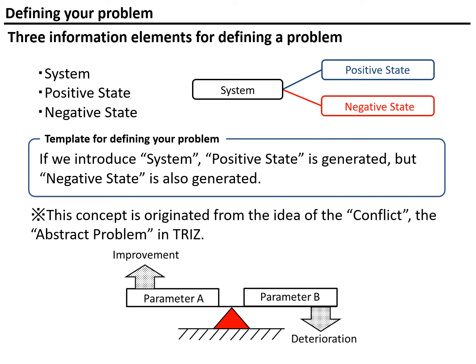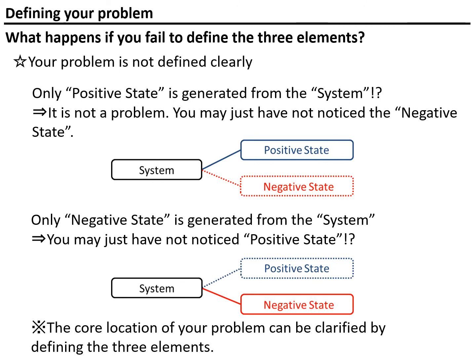This template is just the application of the methodology of problem definition in TRIZ. So what happens if you fail to define these three information elements? If you fail to determine one of them, your problem cannot be defined.